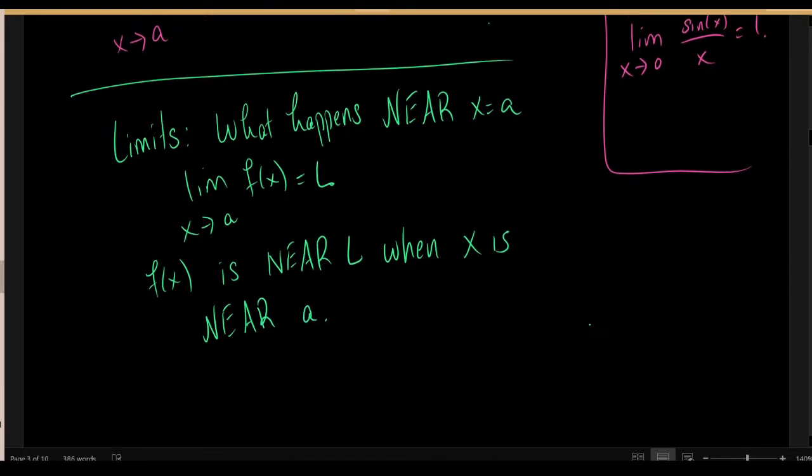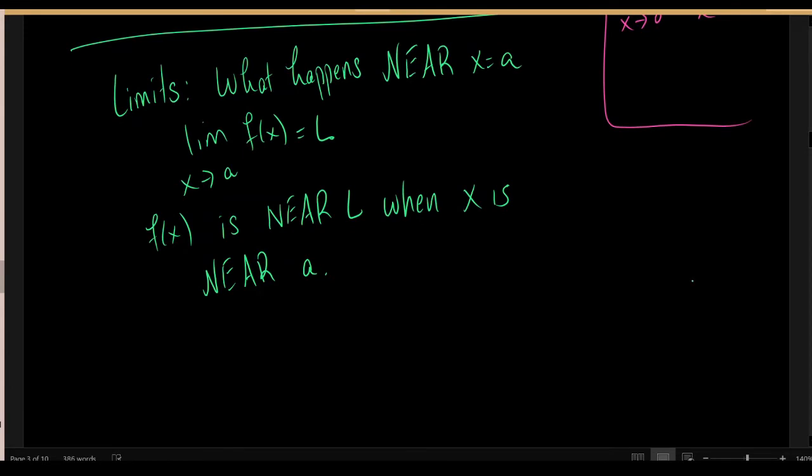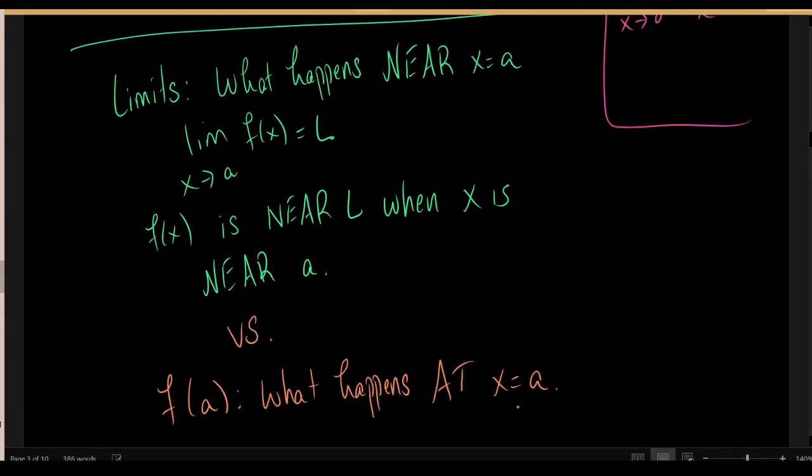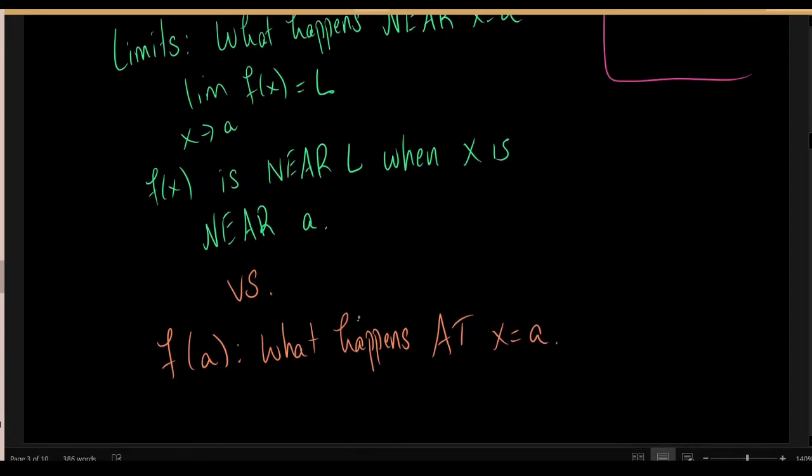Limits absolutely don't care at all about what is happening at x equals a. As a rule, the value of the limit and the value of f of a can be and often are completely different. They are absolutely unrelated to each other.